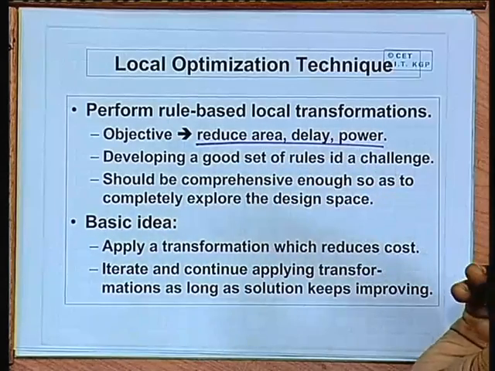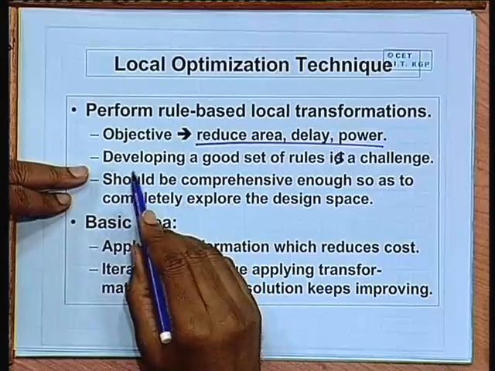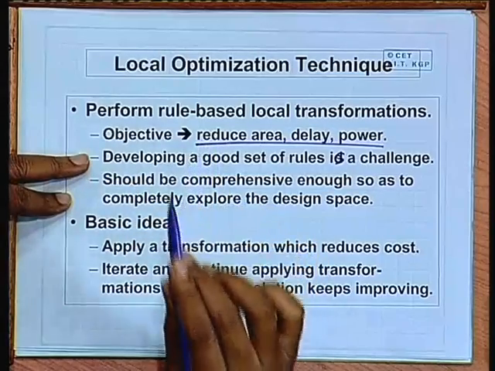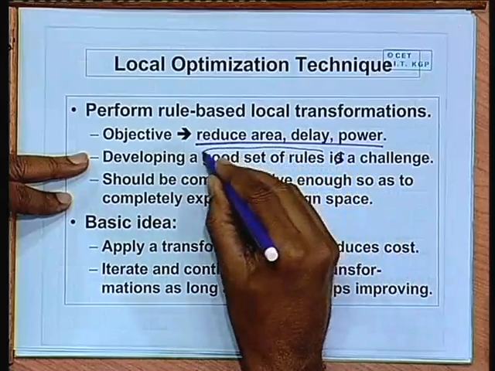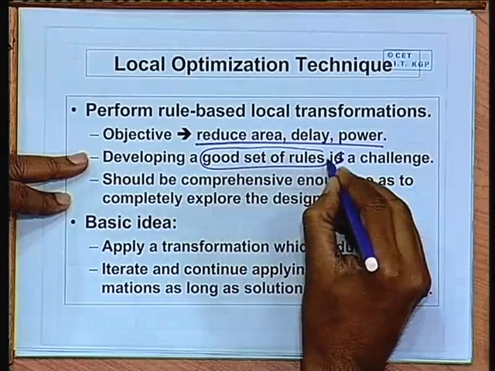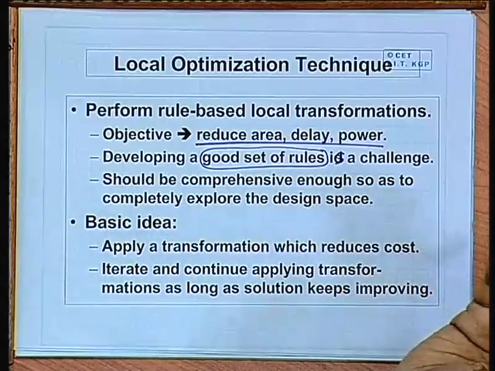They are again mutually conflicting. So, in these methods, the main problem is to develop a good set of rules, because you have a set of rules which you repeatedly apply to a netlist in order to improve upon it.